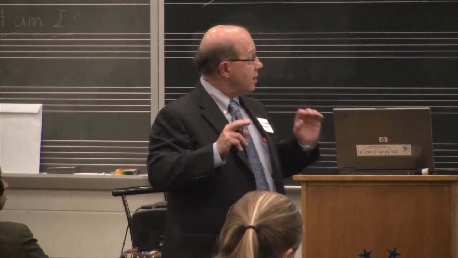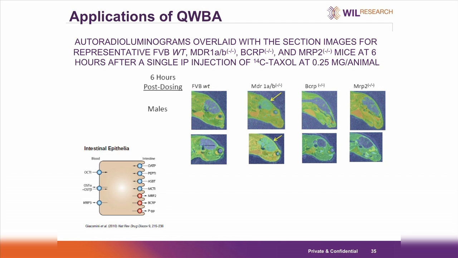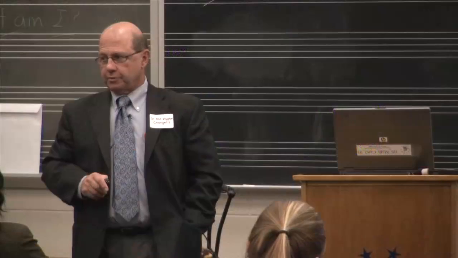Okay, here's another application of WQBA, and here we used genetically modified animals. I want to attract your attention down to this picture here. This is a mock-up of an intestinal epithelial cell. All drugs just about have their own transport systems. They'll be picked up in the lumen of the gut, transported through, and then another transport system takes them into the blood system.